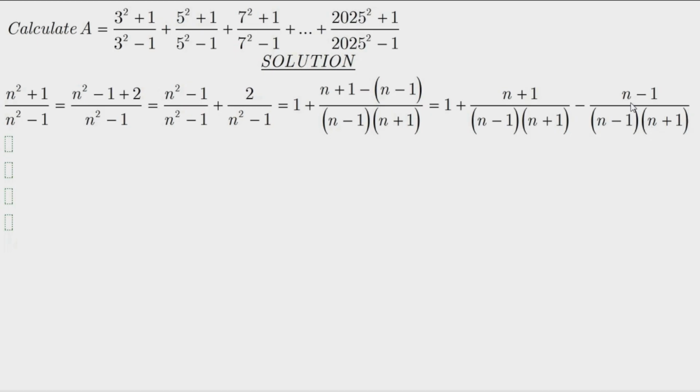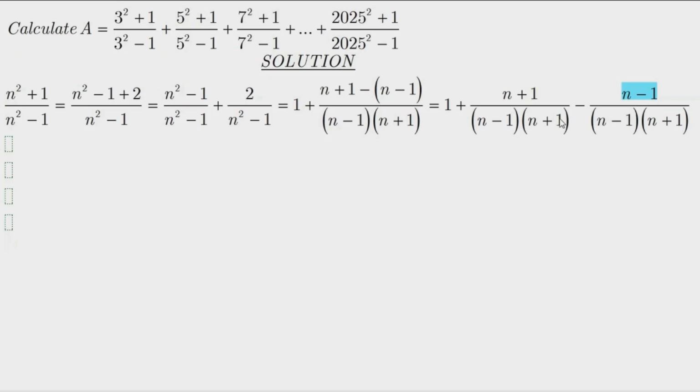Now we consider these two fractions. The numerator n plus 1 can be simplified with the denominator n plus 1 as well, and the numerator n minus 1 can be simplified with n minus 1.